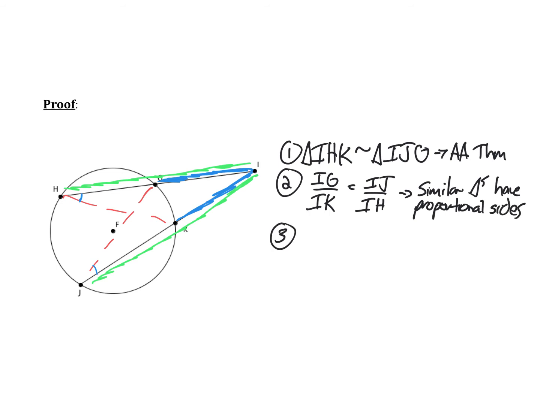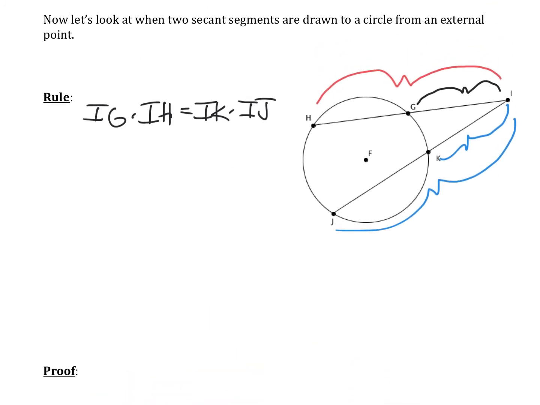And if I use my same property of cross multiplying, I should be able to come out to that rule we started at the beginning. I could say IG times IH equals IK times IJ. And again, cross multiplying would be the reason why. So again, notice that's exactly what we had above: IG times IH is equal to IK times IJ.